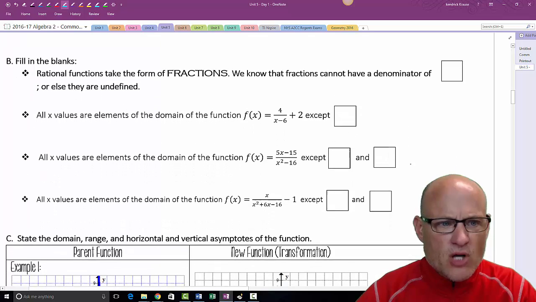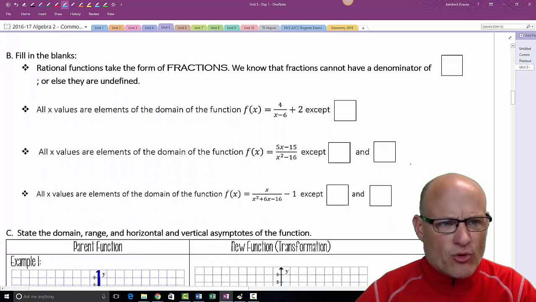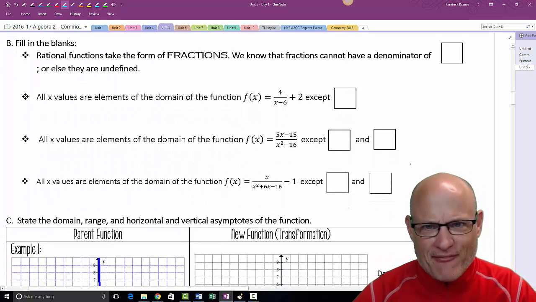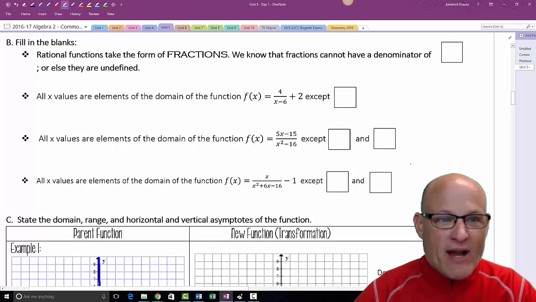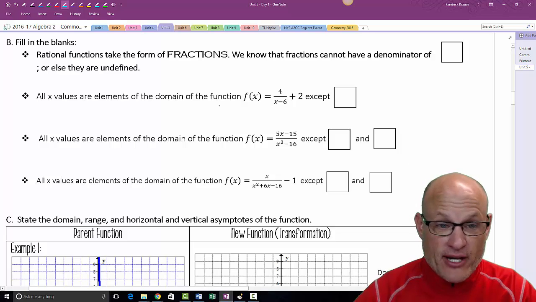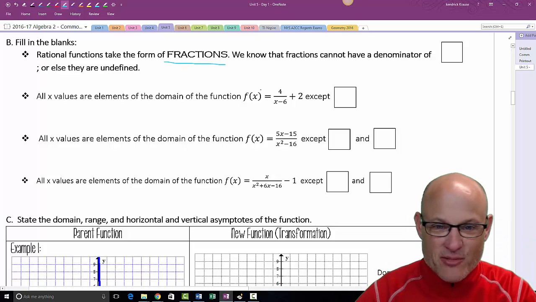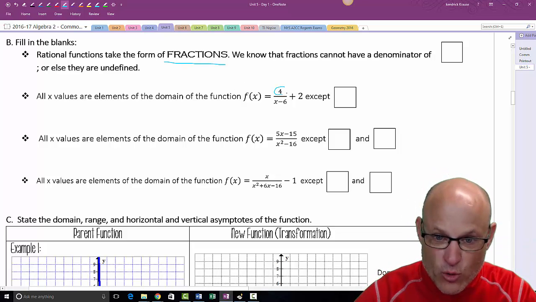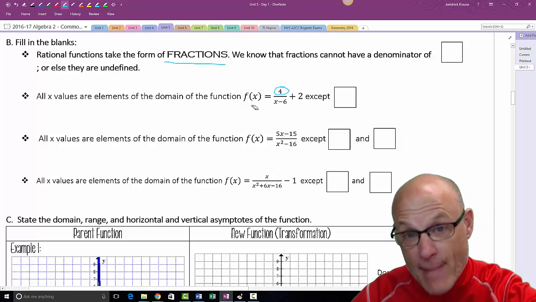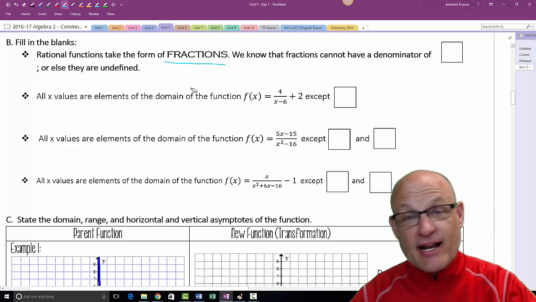Let's talk about a couple other things real quick, and then we're going to get to graphing because it's going to be fun. Rational functions take the form of fractions. We talked about that. A rational function is a fraction where you have a polynomial divided by a polynomial. Now, does it mean that the polynomial can be 4? Sure, 4 is a polynomial. It happens to be a monomial and a constant monomial.